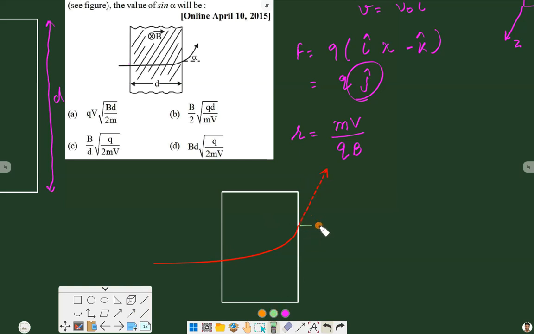Now, when the particle is moving inside the magnetic field, or we can say when it enters at point A and leaves at point B, it will be moving in a circle, and this circle is going to have some center.